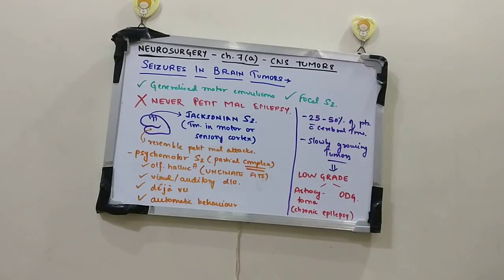Now seizures, both generalized as well as focal, occur in almost 25 to 50% of the patients with cerebral tumors. You need to remember that these seizures are more associated with slowly growing tumors than rapidly growing malignant neoplasms. And they are most commonly associated with low-grade astrocytomas and oligodendrogliomas.